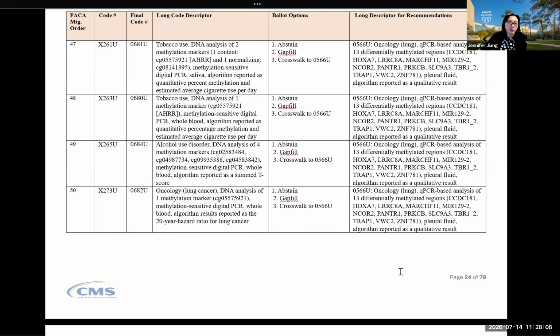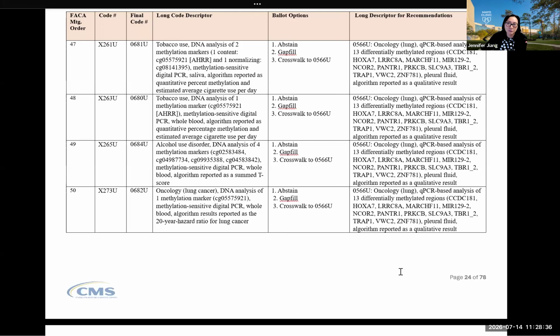So for all these 4 codes, as you can see, even though they are for various applications like tobacco use or alcohol use disorder, as well as oncology, lung cancer, the methodology or targets are the same: DNA analysis of methylation markers, using digital PCR, and different specimens.